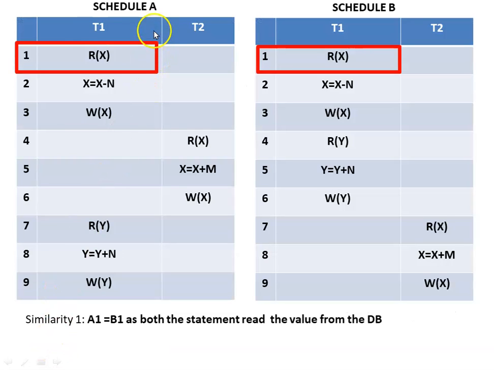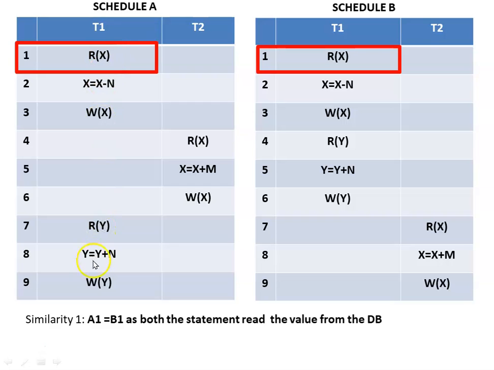Now here we have 2 schedules, schedule A and schedule B. The total number of instructions in transaction T1 of schedule A is 6: 3 instructions here, 3 instructions here. If you look at the serial schedule, you see that all the 6 instructions are over here. With respect to transaction T2 of schedule A, we have only 3 instructions, and in schedule B we have 3 instructions.